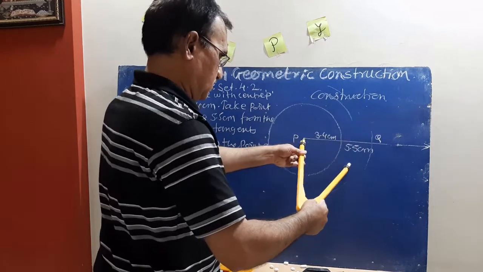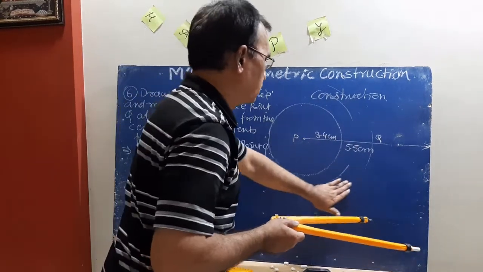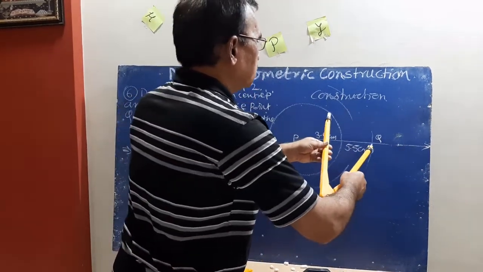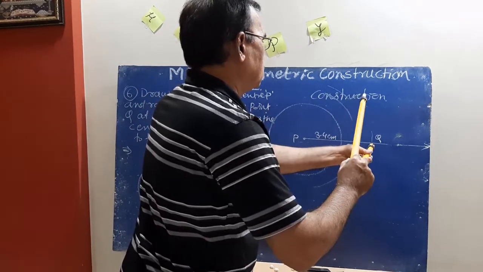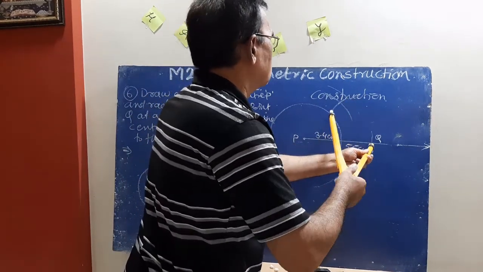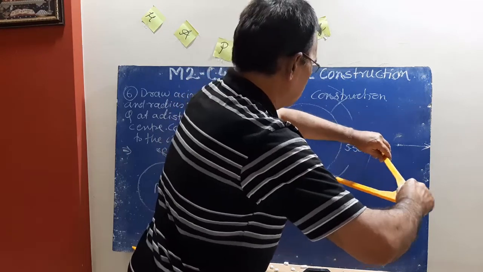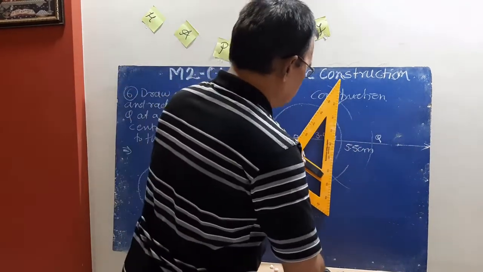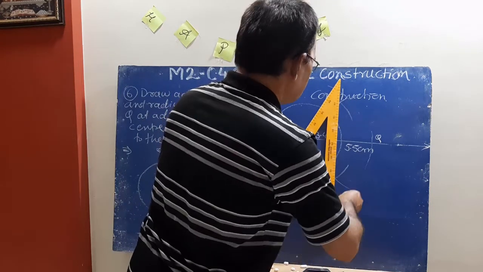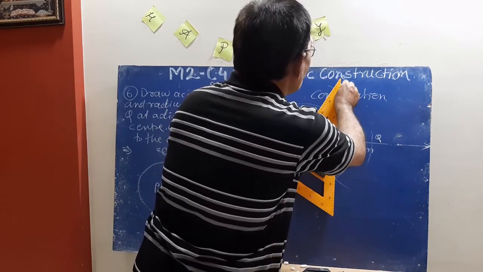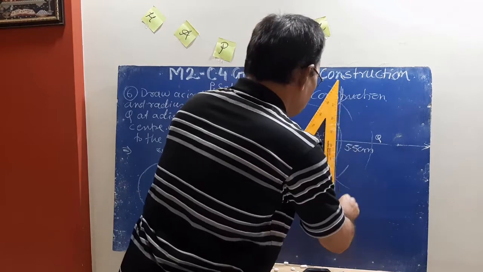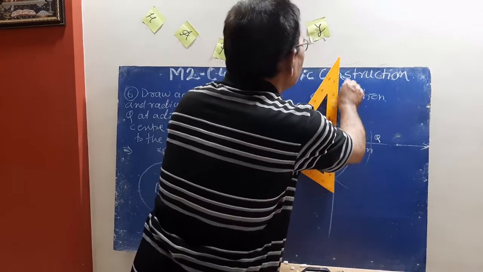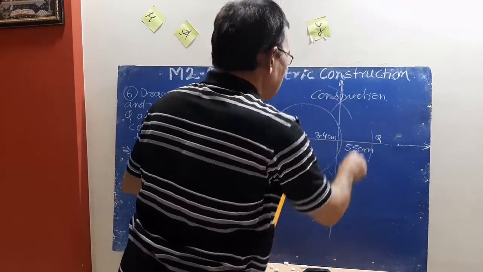Then draw a second arc which intersects the first arc, then join these 2 points. This is the bisector of segment PQ.